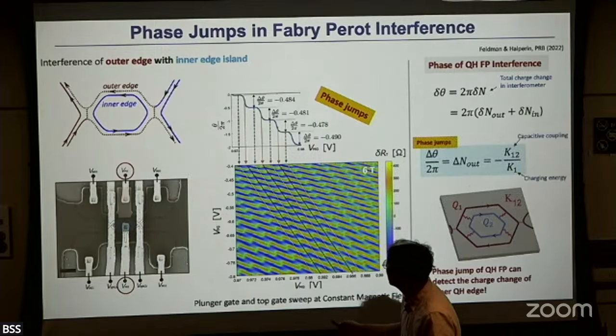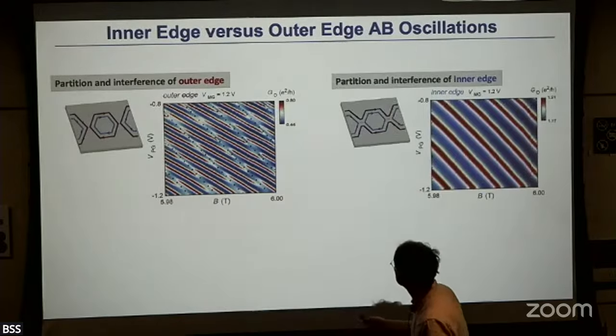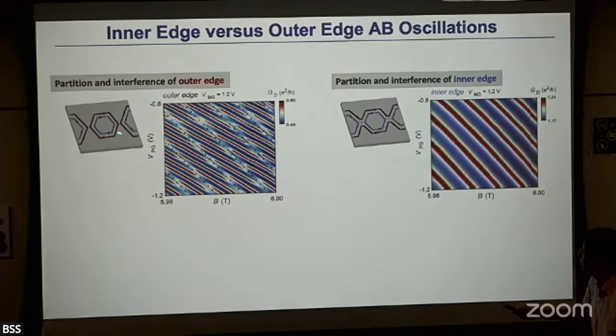In that way, I can make this partition. Everything is fixed, except that now I let the outer edge state pass through, not interfering at all, but I start to couple the inner quantum state through this quantum point contact and measure the interference along the inner edge state.